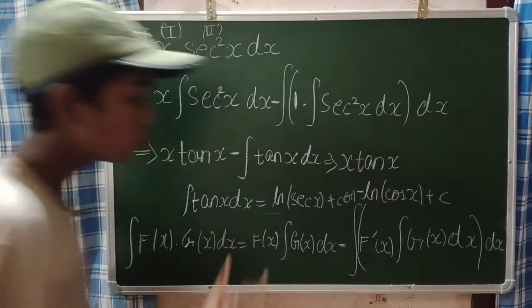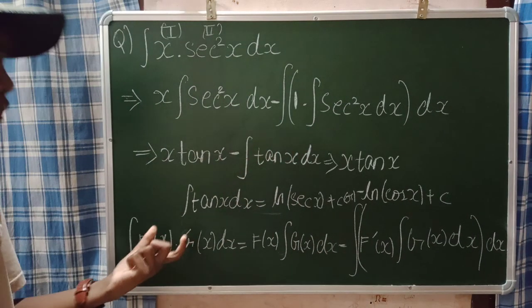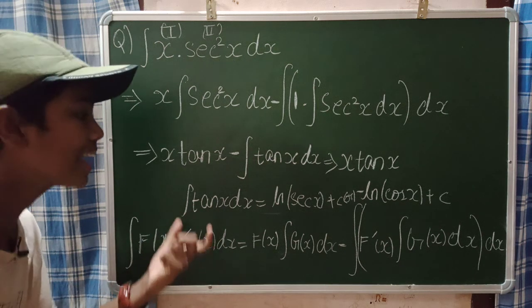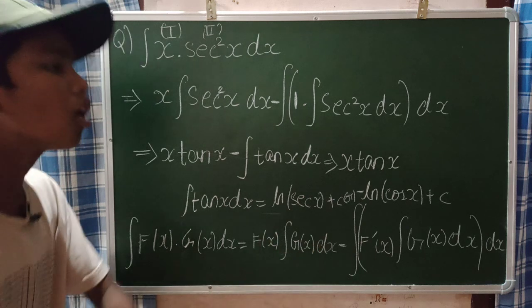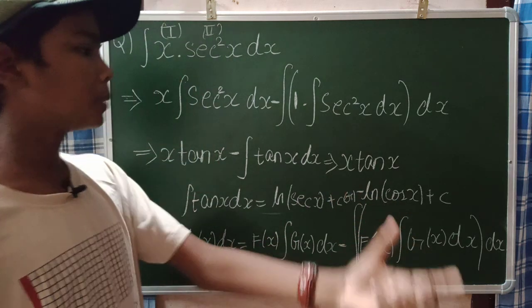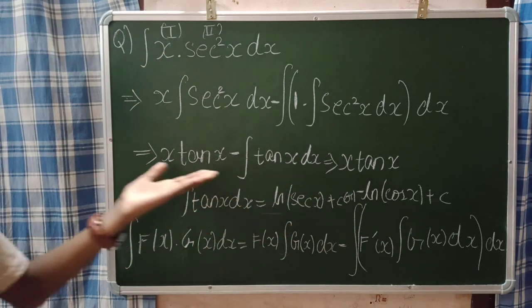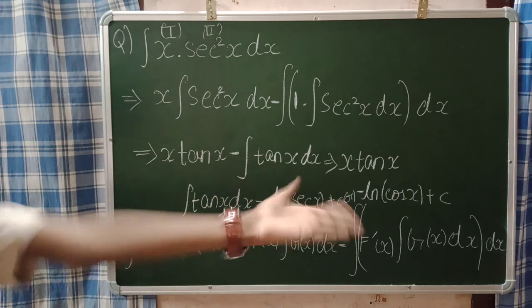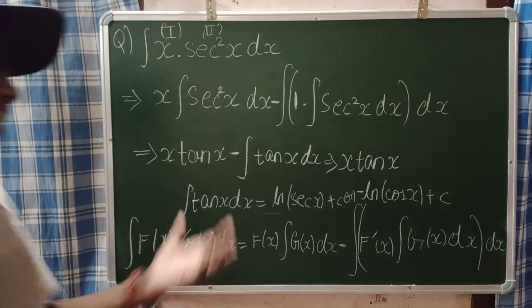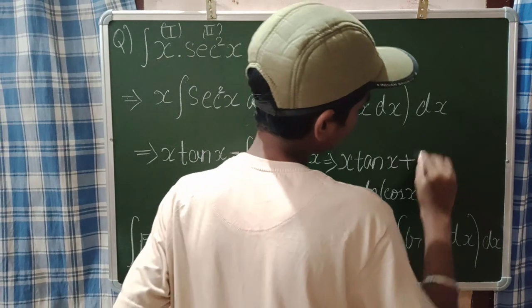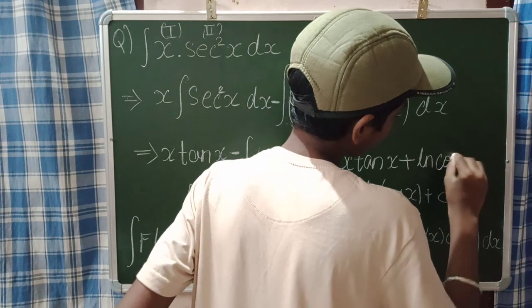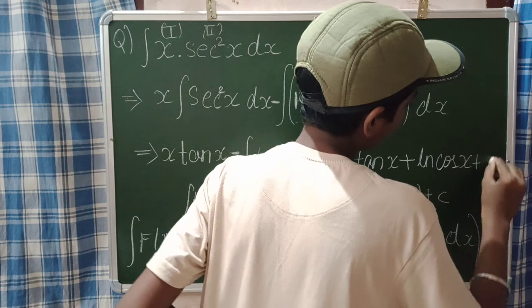These are two ways in which you can write this integral. Now I will take the integral of tan x dx as minus ln of cos x. When I take it like that, minus will be converted into plus. So plus ln of cos x, then plus some constant, and that's all guys.